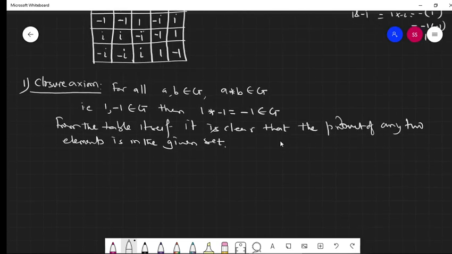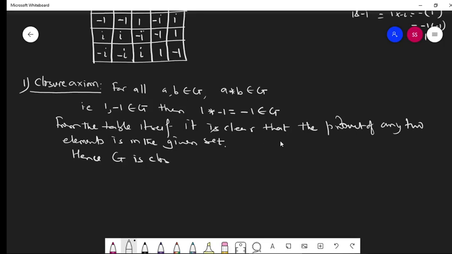Hence G is closed under the multiplication operation asterisk. And now move to the second property, that is the associative axiom.